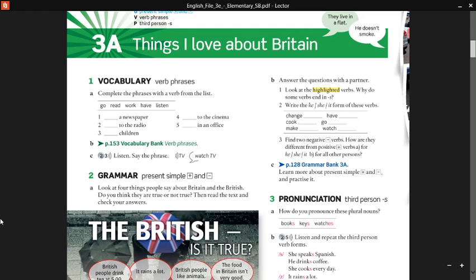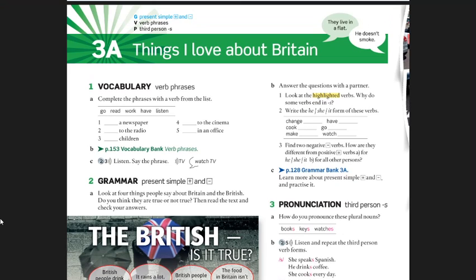Today we are going to work with Unit 3, Part A. In this unit we are going to see present simple, affirmative and negative form. Remember that this is a tense that you saw last year, but we are going to work on it again, okay?